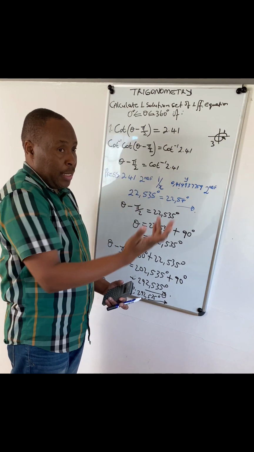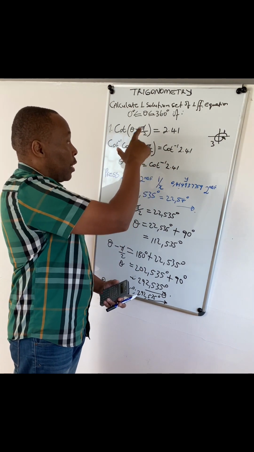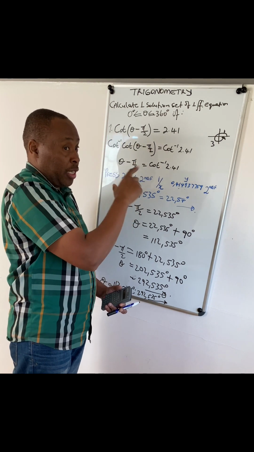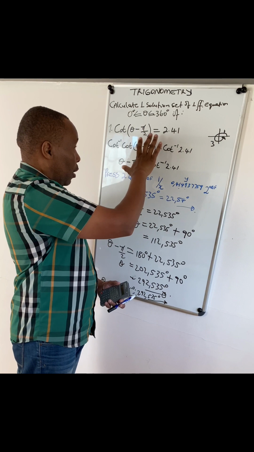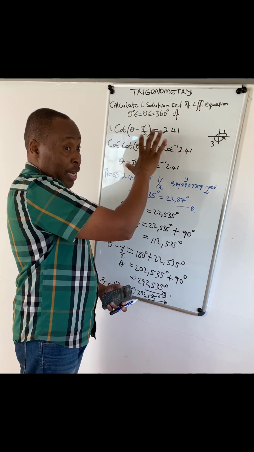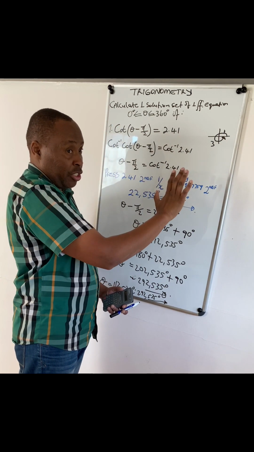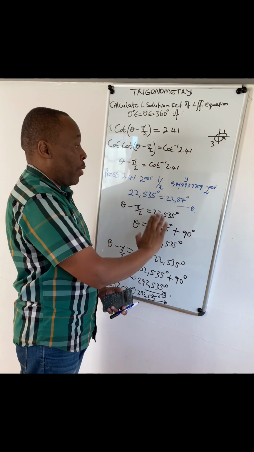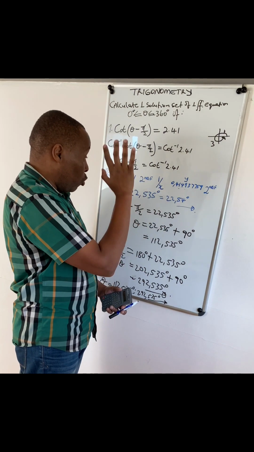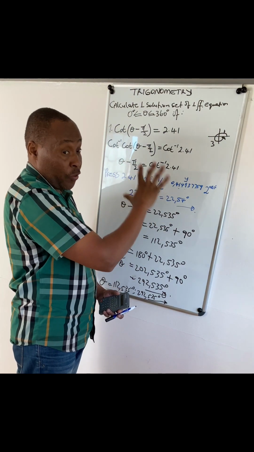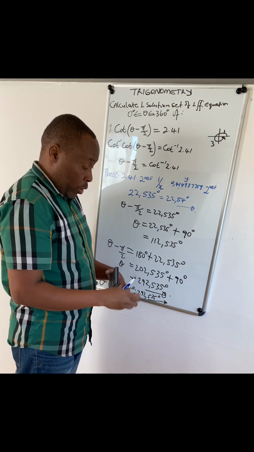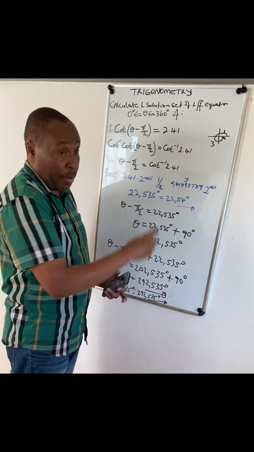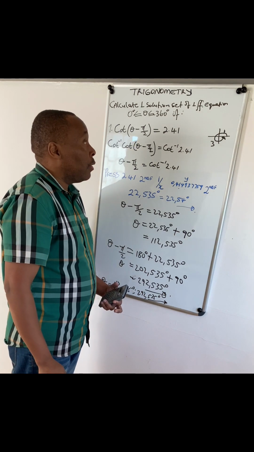Pi over 2 is 90. If you're not sure of this, check our video where we deal with pi radians, where we explain them from scratch, where they come from, and how to use them. It's explained in the video there on pi radians. Go and check and learn about radians.